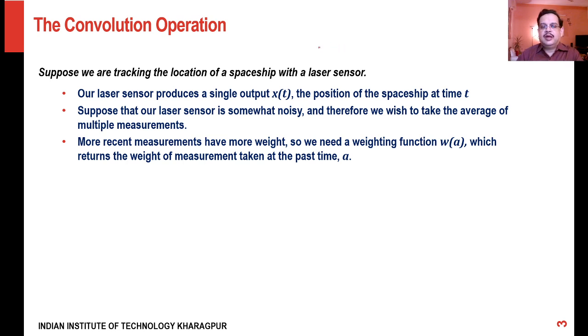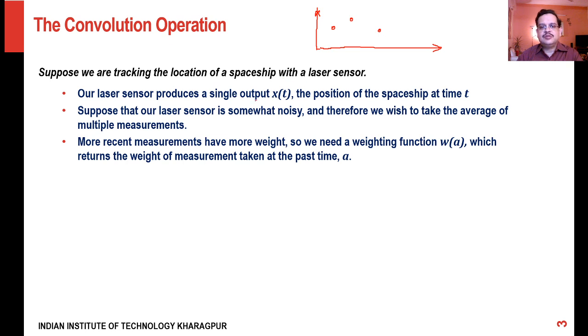If I look at time in this direction, and let's say the location is in this direction, suppose at some point of time the spaceship is here, at some point of time it is here, some point of time is here. Now we are sensing the location of the spaceship with a laser sensor.